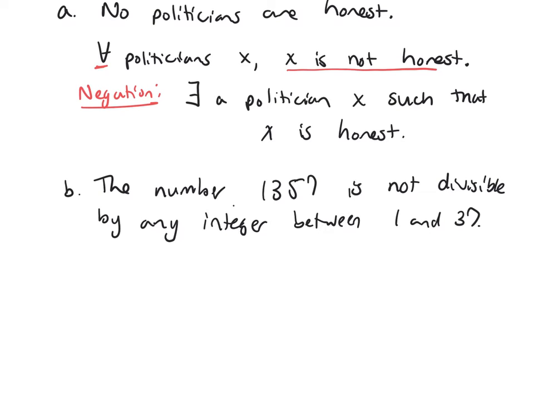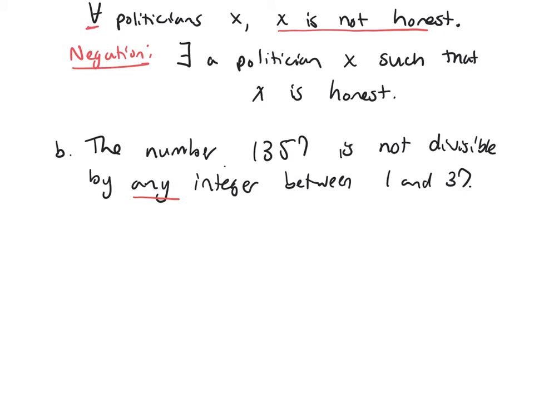It might be a little bit more difficult, but here you're talking about any integer, so it'll be universal. So you're going to start with for all integers n, and I need to say that they're between 1 and 37.